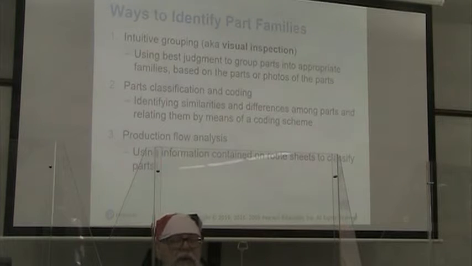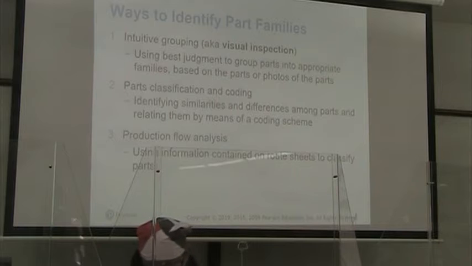So in that case, we're identifying those similarities and differences among the parts, and we're relating them by the coding scheme. And then the third is production flow analysis, where we use the information that is on the route sheets to classify the parts.